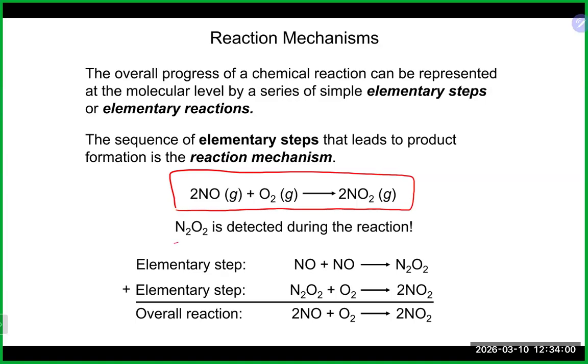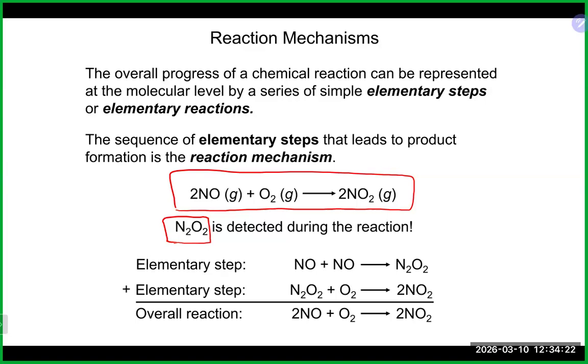Because when you do this reaction, N2O2 is actually detected as it's occurring. It is not there in the overall reaction, which would imply that it had to be made early on to be detected and then used up by the time the reaction's over, which would imply that it obviously didn't happen in a one-step fashion.